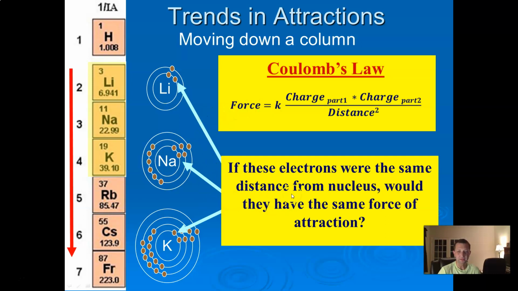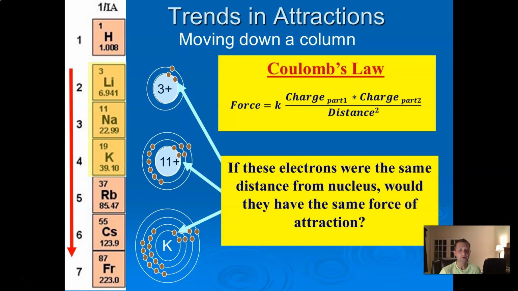So does that mean you're going to have the same attractive force? Well, no, not necessarily, because look at the top. We have to focus on the charge of part 1, which is the nucleus, and the charge of part 2, which are the electrons. We're dealing with 2 electrons for all of these, those 1s2 electrons. So what's different is the charge of part 1, the charge of our nucleus. Lithium has a +3 nuclear charge. Notice I'm not saying effective nuclear charge, I'm just saying nuclear charge. The nuclear charge is simply the charge of your nucleus, which is the number of protons.